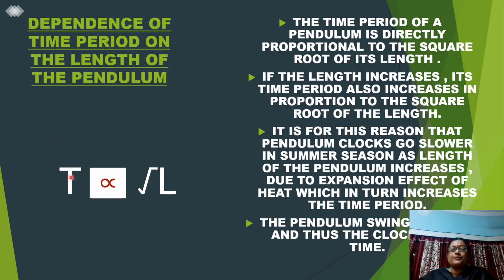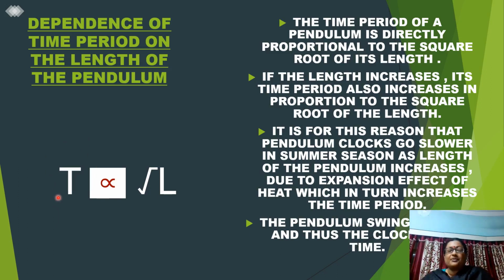It will also increase, but in proportion: if the length is increased 4 times, by how many times is the time period going to increase? It is going to increase 2 times, because the square root of 4 is 2.